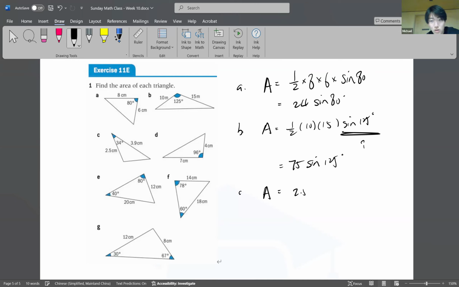Oh my God, 2.5. Bruh, what is 2.5 times 3.9 divided by 2? Why do I have to do this? 4 times 2.5 is 10.